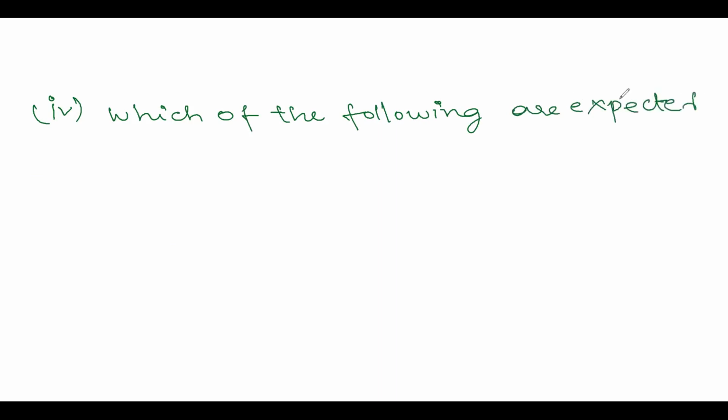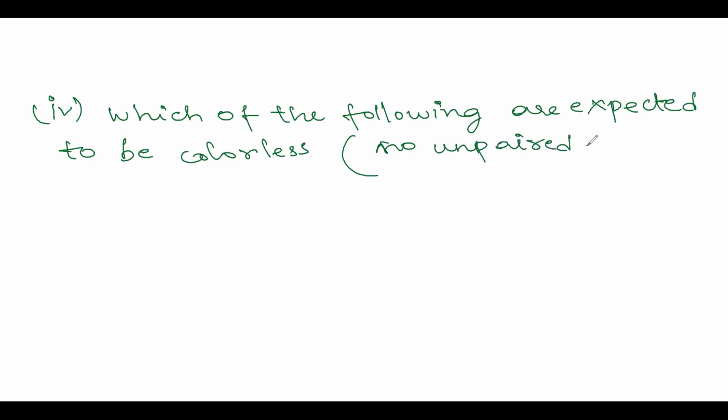Are expected to be colorless. So if they do not have unpaired electrons, they are said to be colorless. No unpaired electrons, colorless. Or zero unpaired electrons, colorless.